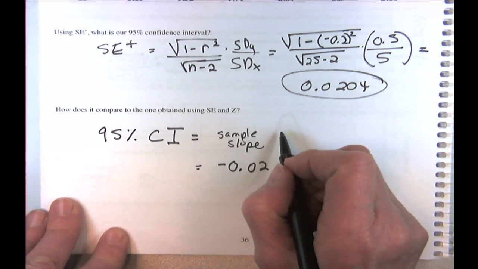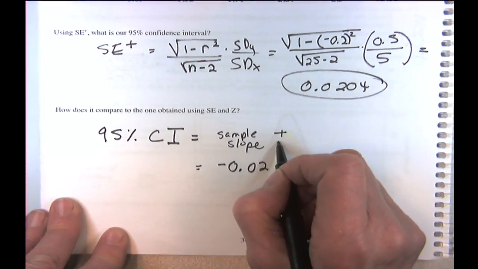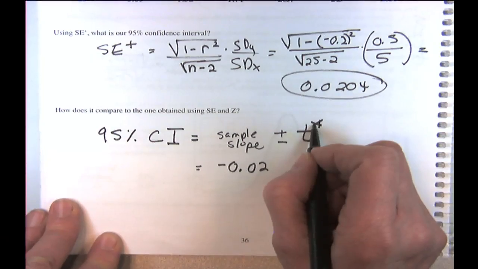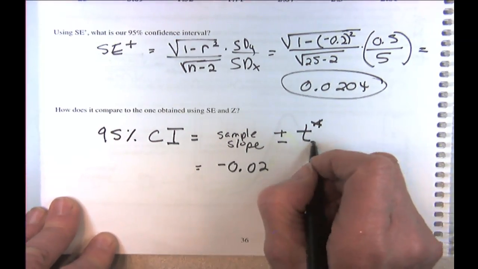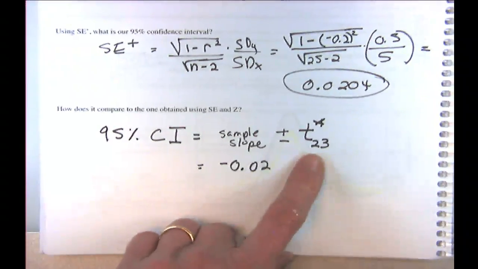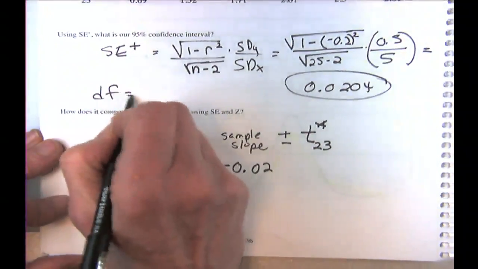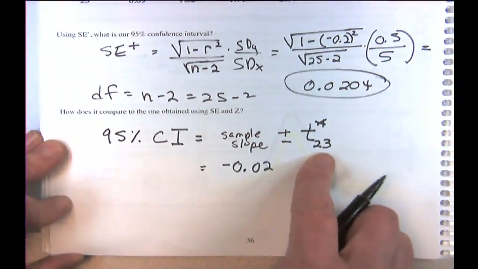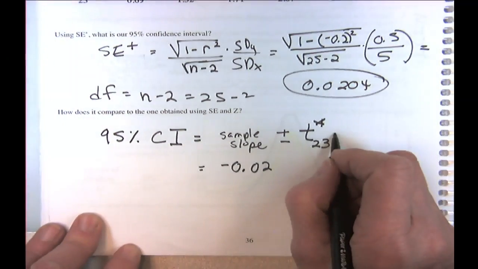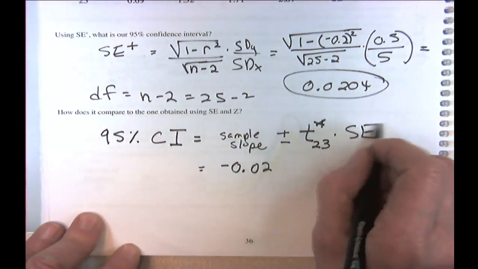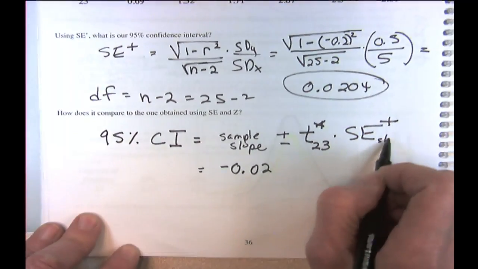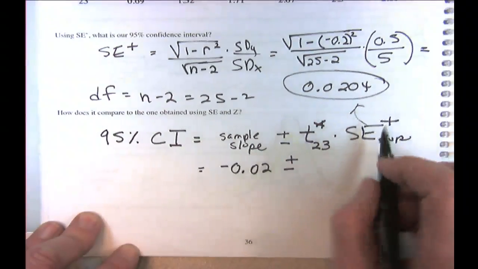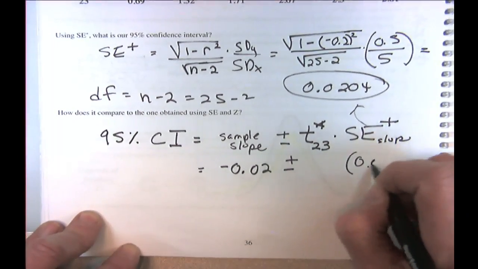Then it's plus and minus the critical value for t with 23 degrees of freedom, where degrees of freedom is equal to n minus 2, times our standard error for the slope. We know this, that's right there. Let's put it in, 0.0204.